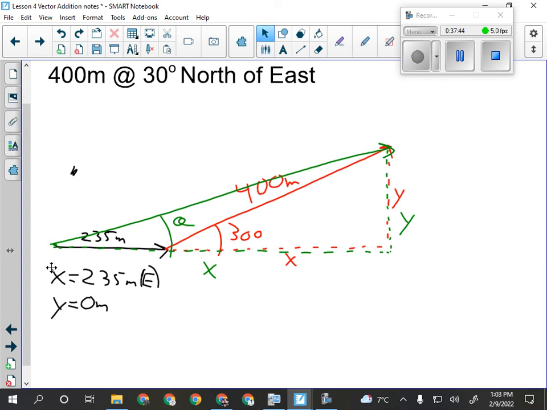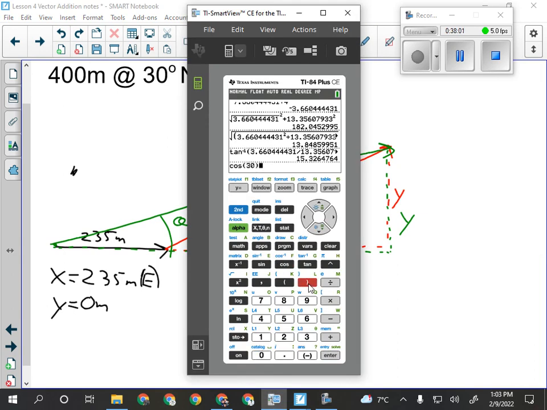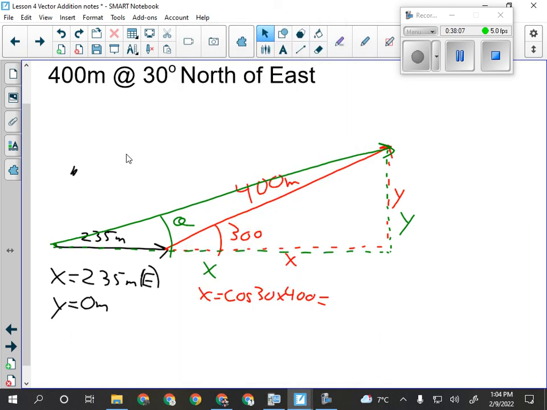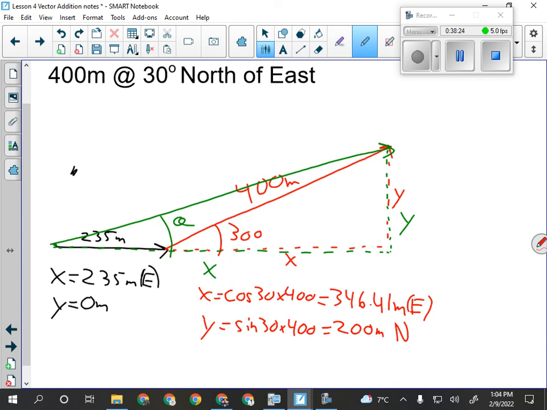For our red vector, okay, we have to find x and y, and it does do both. So x is adjacent to my 30-degree angle, so I'll have the cos of 30 times 400, which is 346.41 meters east, and y is the opposite side, so that'll be the sine of 30 times 400, which will be 200 meters north.